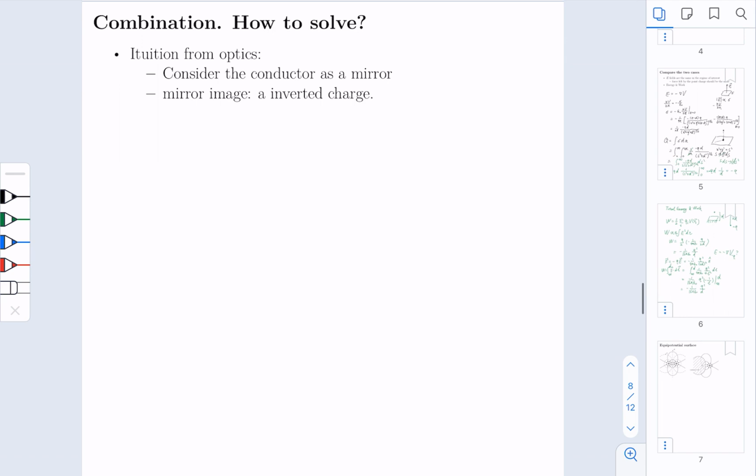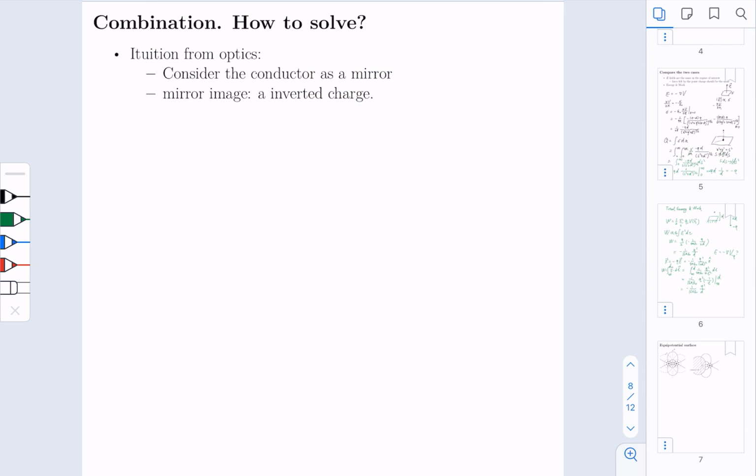Now the next question is how exactly shall we find the location of this image charge? This problem in general is not an easy question to answer. Some intuition that we can get is we can actually use optics to help us solve the problem.